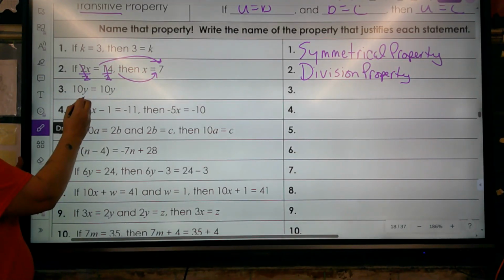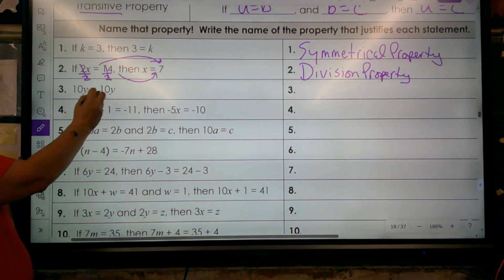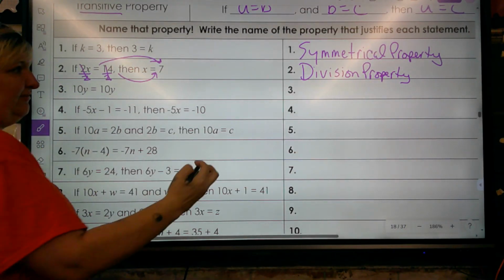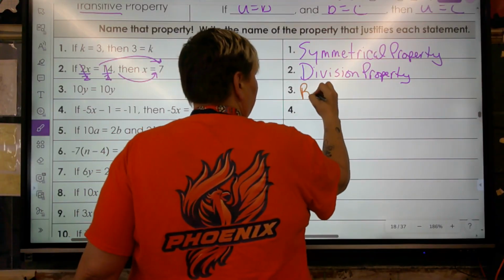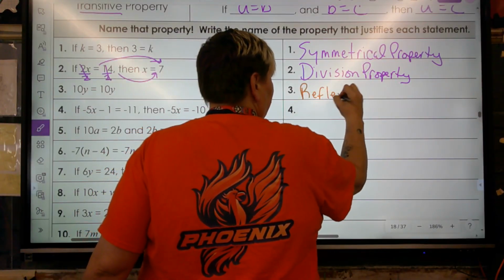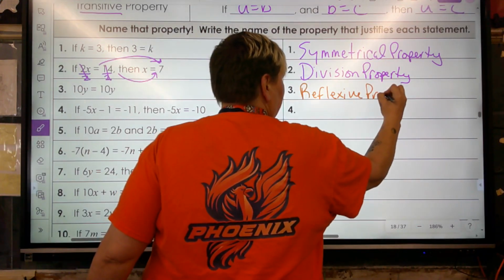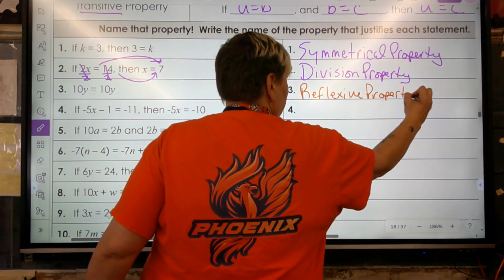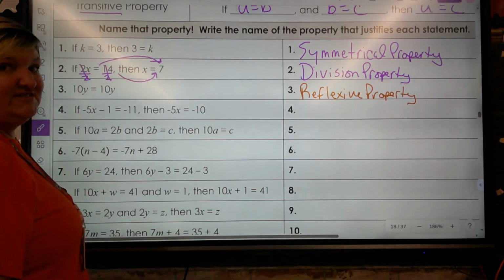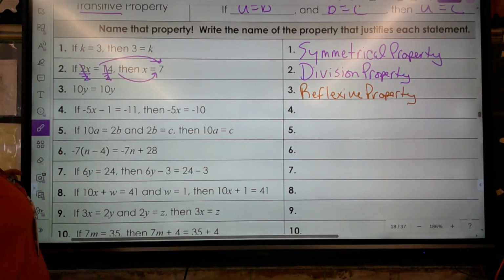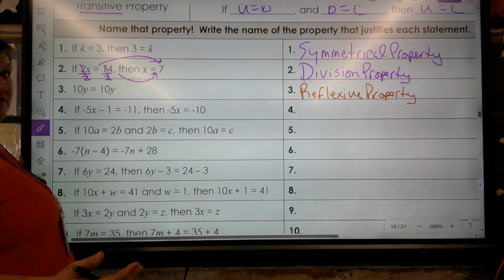Three, 10y equals 10y. They're identical. Reflexive property. Feel free to pause it ahead of me and see if you can get them ahead of me, and that way you can track whether or not you've got this figured out.